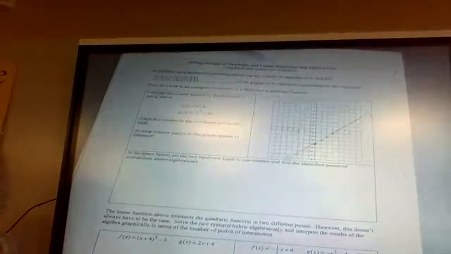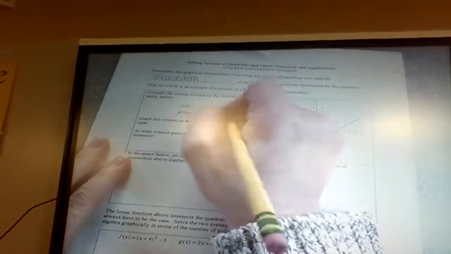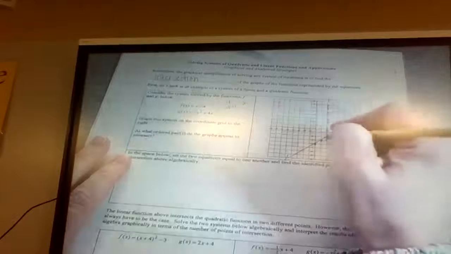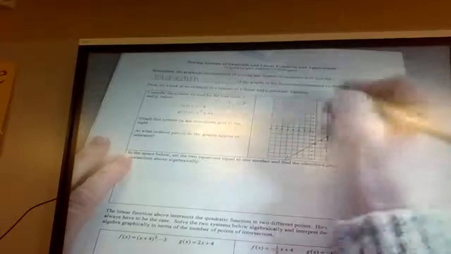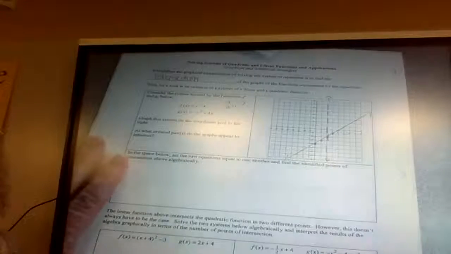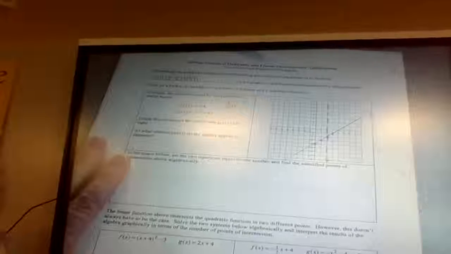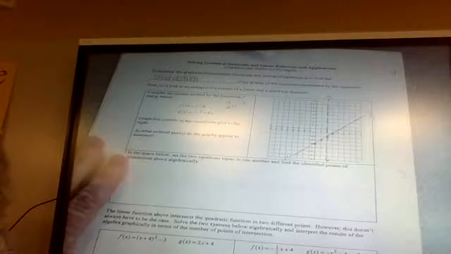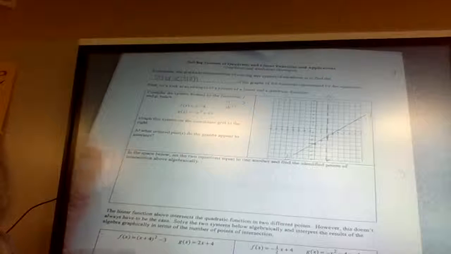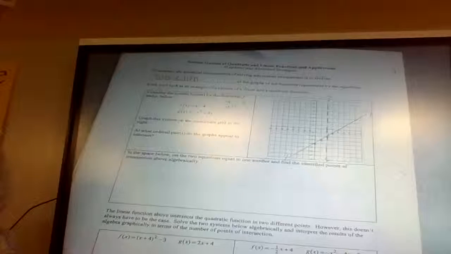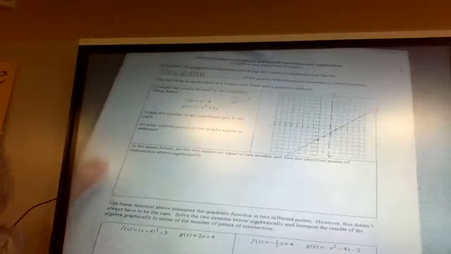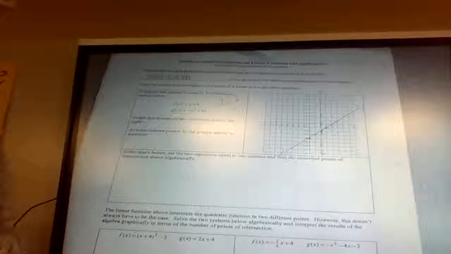All right, so for g of x, if I want to graph that, I'm going to need to find my axis of symmetry. And then once you find your axis of symmetry, what do you have to do? Well, I haven't found the first point yet. What's the first point I have to find? The vertex. How do I find the vertex?